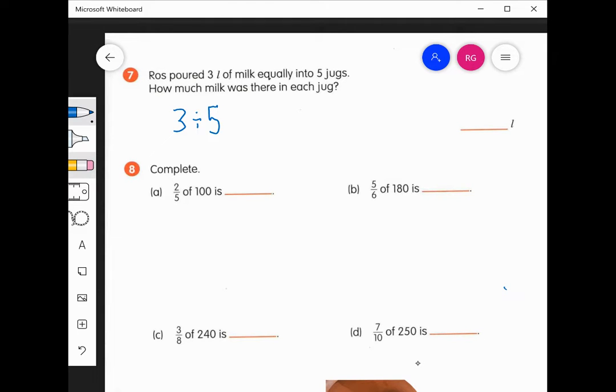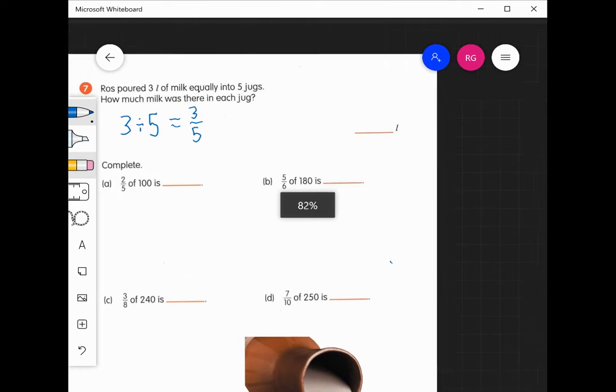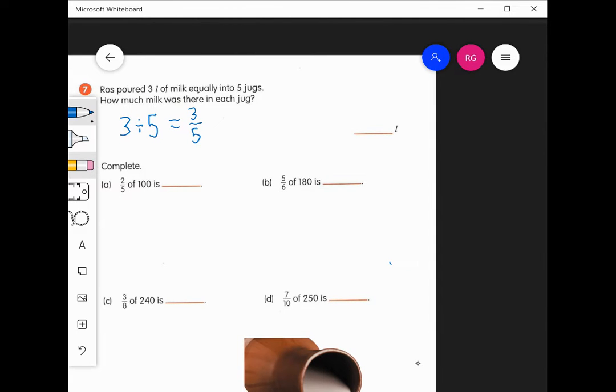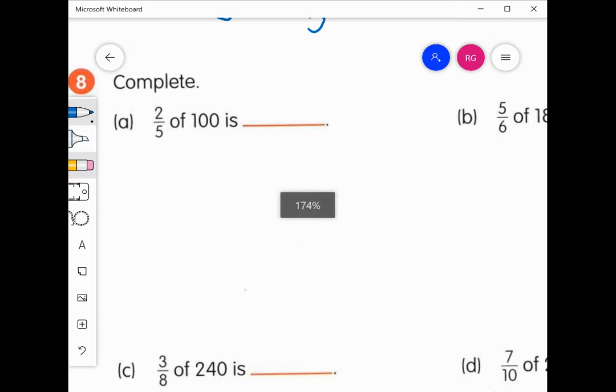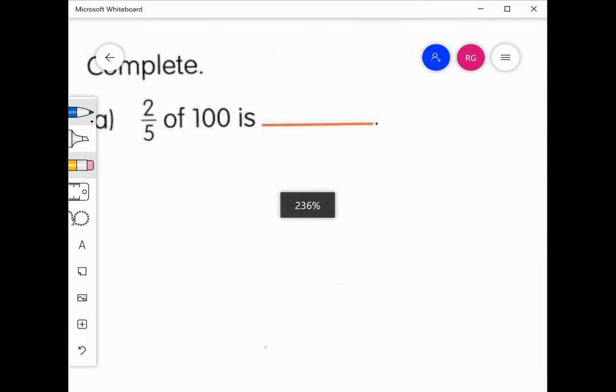And then that's going to equal 3/5. Okay, so I can just make that my division problem there into a fraction, and I could say it's 3/5 of a liter.